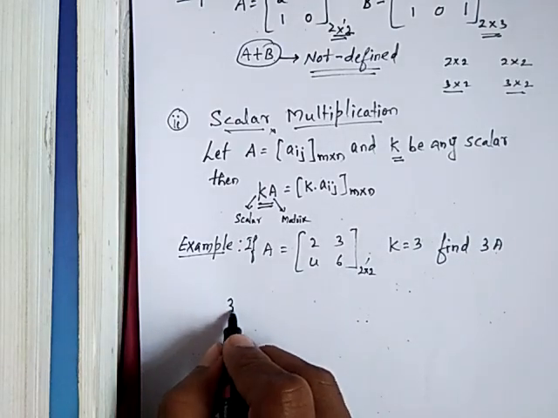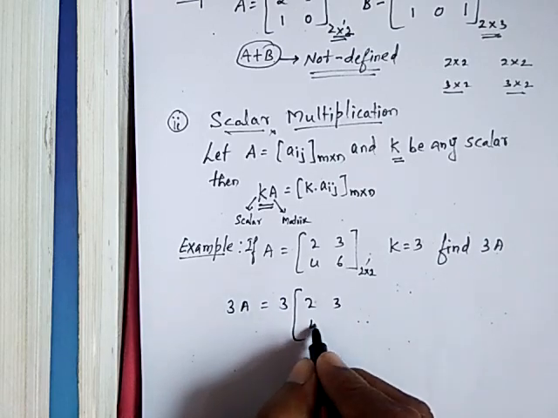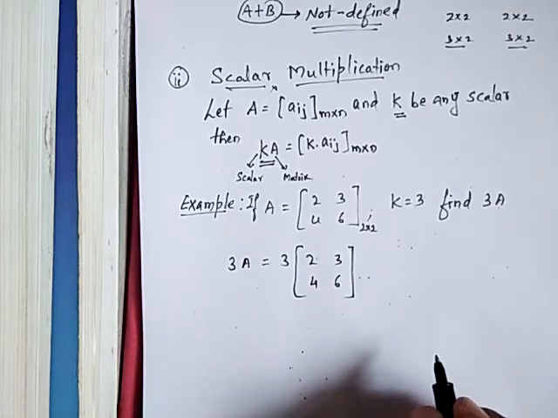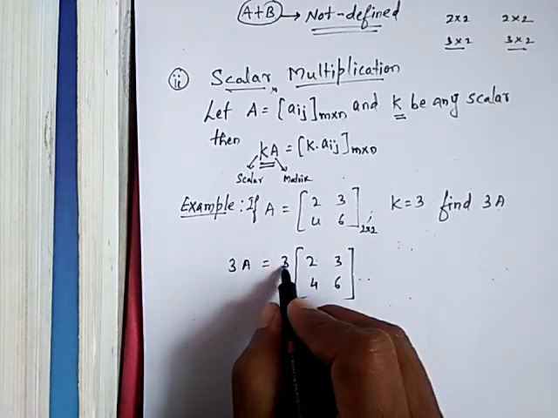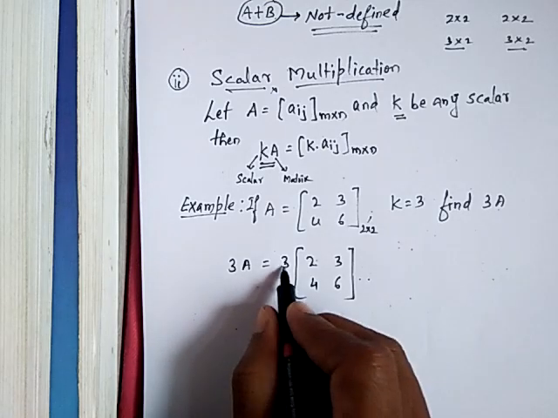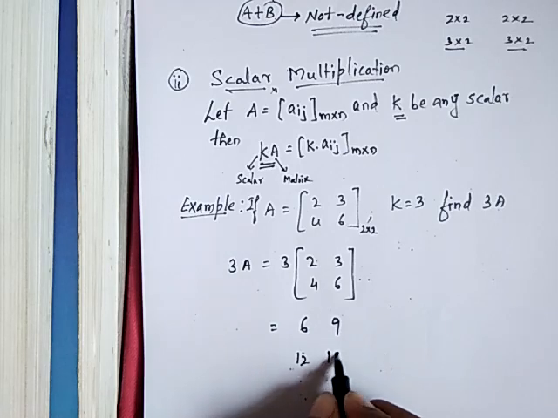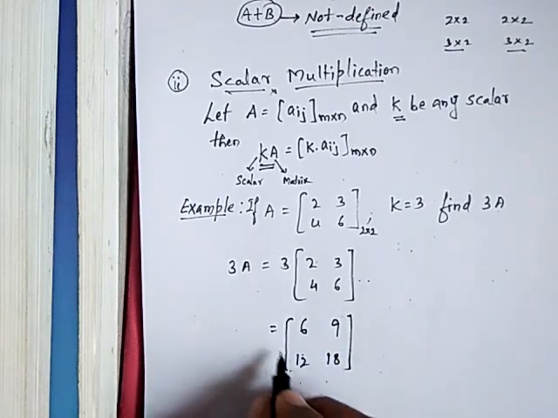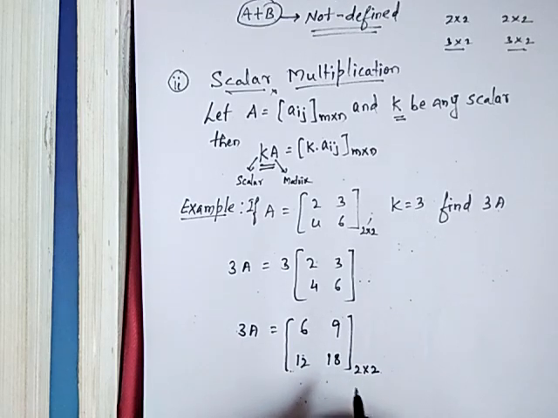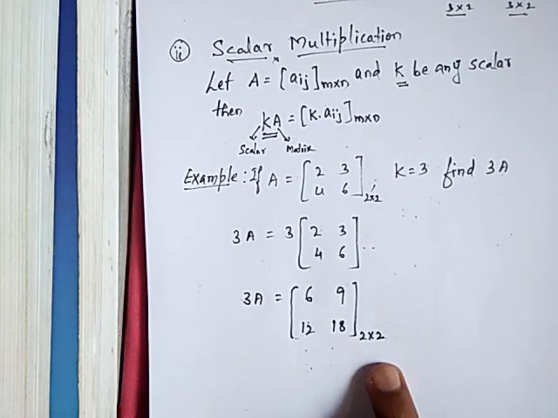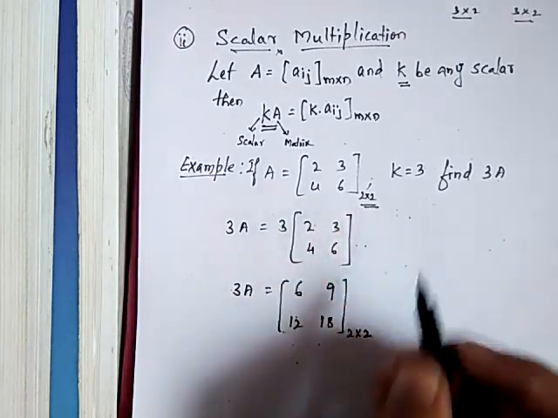So 3A is equal to 3 times A, which is 2, 3, 4, 6. Now 3 into 2 is 6, 3 into 3 is 9, 3 into 4 is 12, 3 into 6 is 18. This is the matrix 3A, and it is also a 2 by 2 matrix. There is no change of the order here.